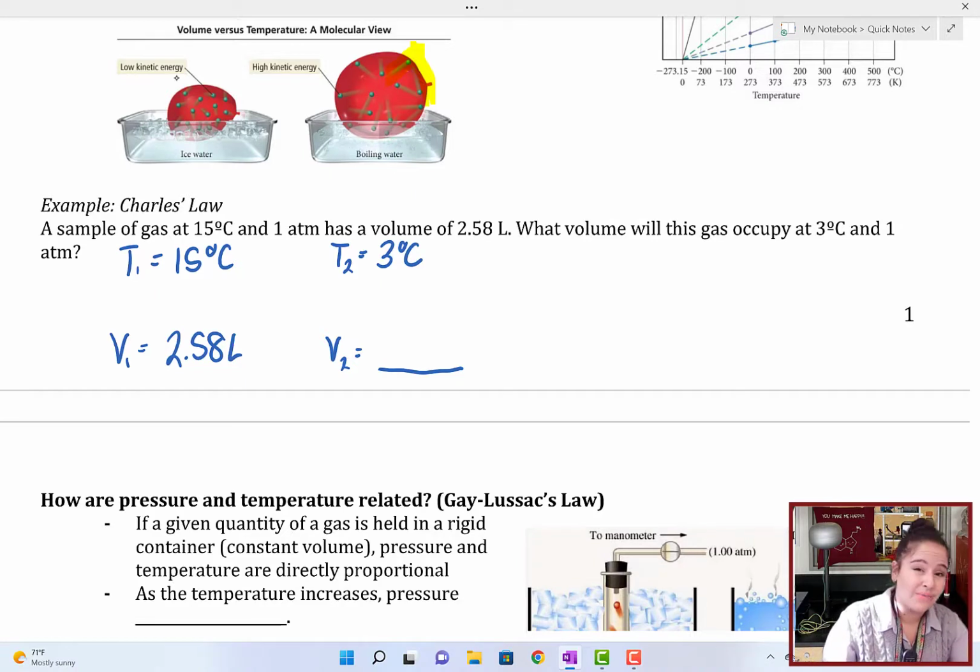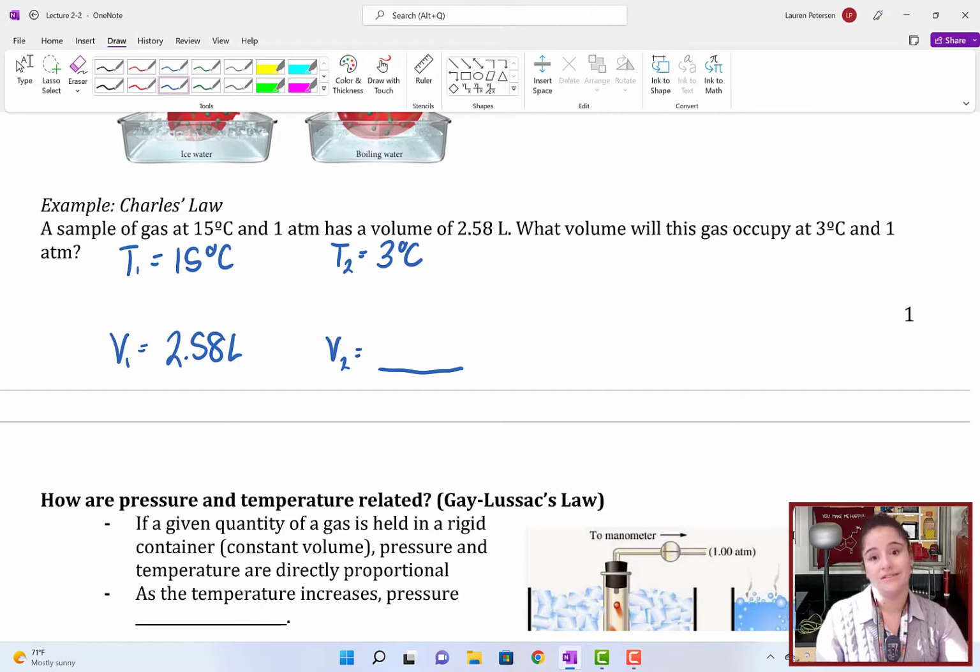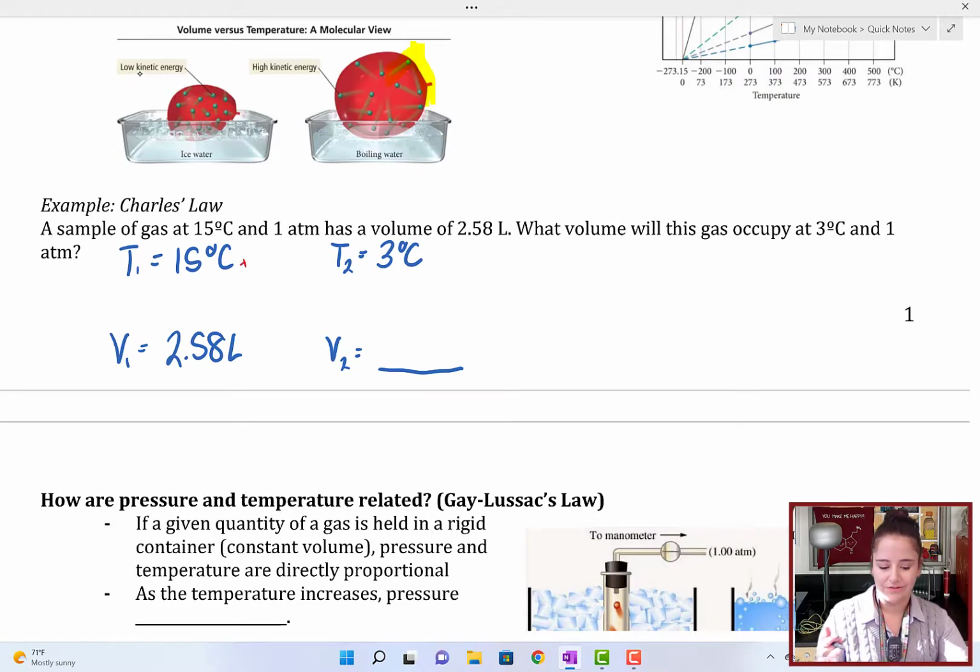Now, if we were just looking at this, an instinct might be, well, since the temperature divided by 5, the volume will divide by 5. It'll be 1/5 of that.